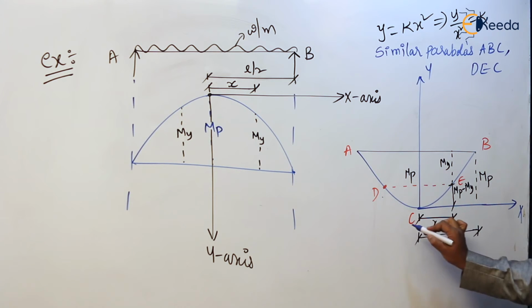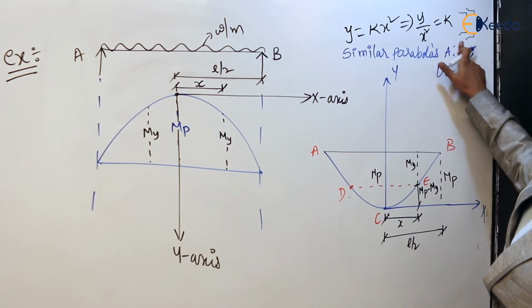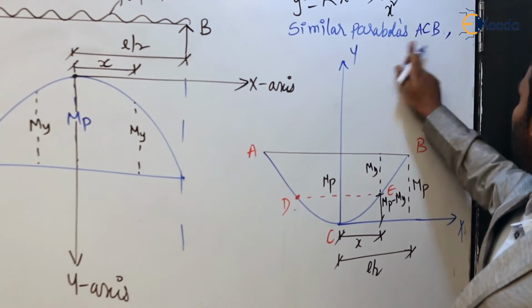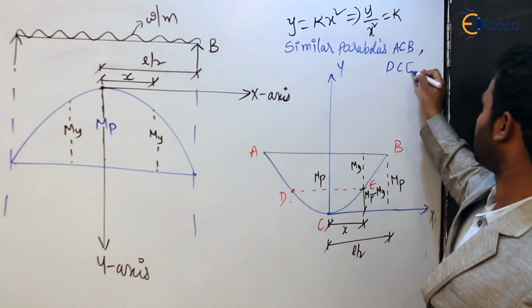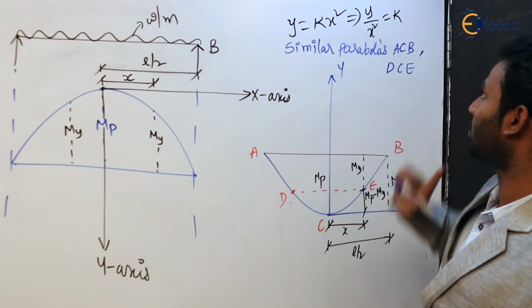See here, DCE is one parabola and ACB is one parabola. Now the equation of parabola is y by x square is equal to k.